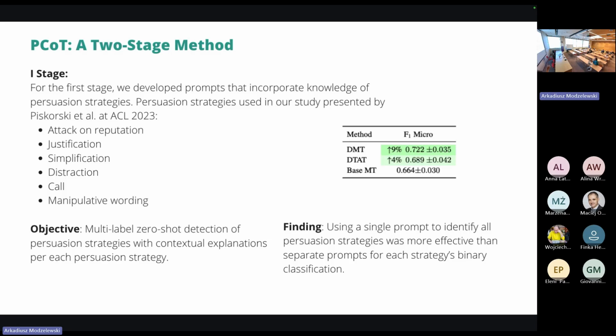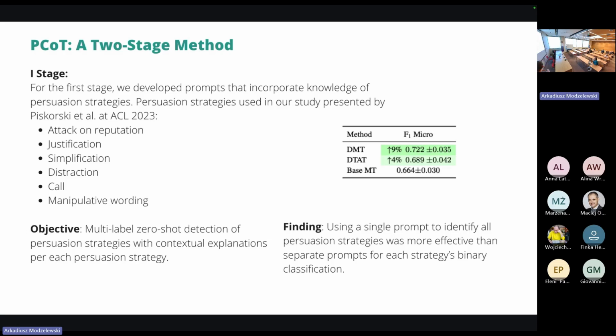These are only a few evaluations I've tried, but most important, what we found is that using a single prompt to identify all persuasion strategies was more effective than separate prompts for binary classification of strategies.